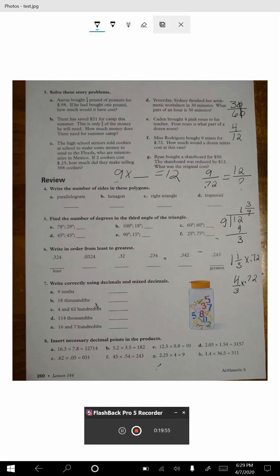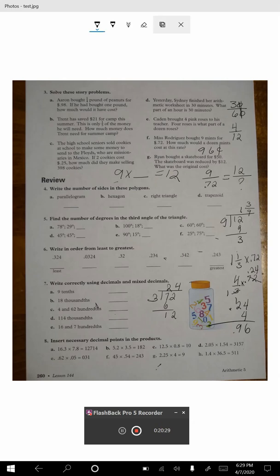It does go into 72 evenly because 7 plus 2 is 9. 3 goes into 7 twice. 6, 1 left over. 3 goes into 12, 4. So we have 0.24. Now we're left with 0.24 times 4. And you get 0.96. Very good, 96 cents.